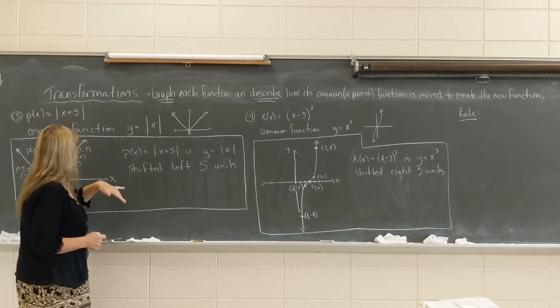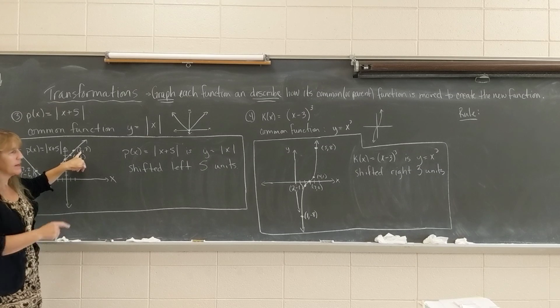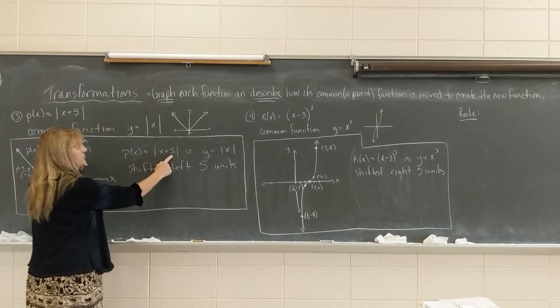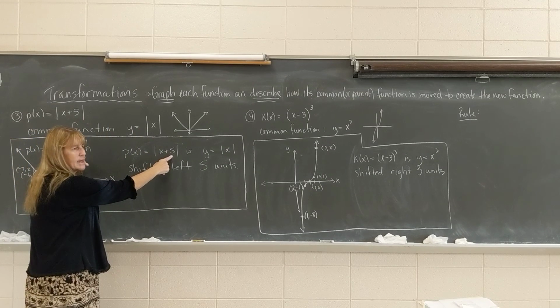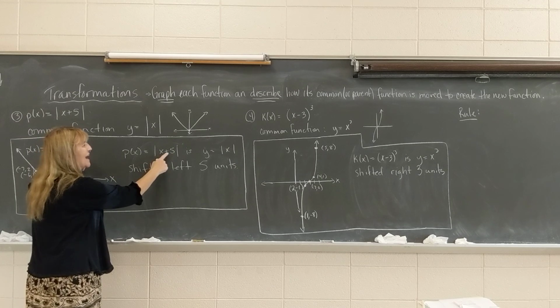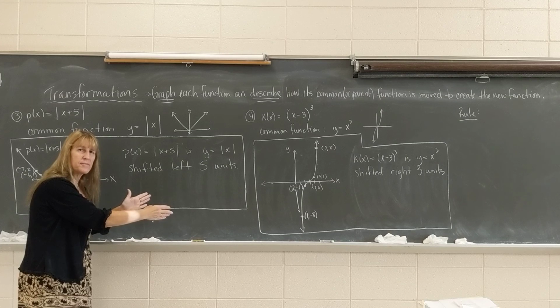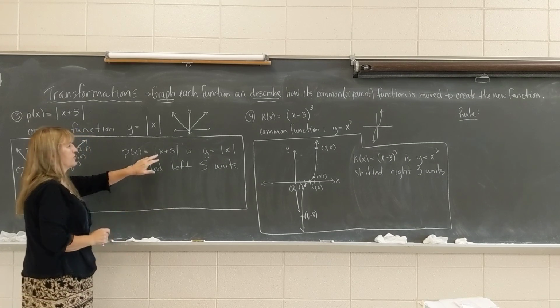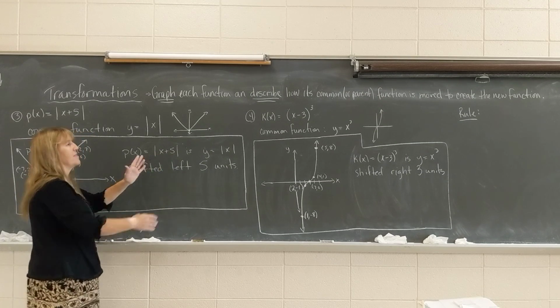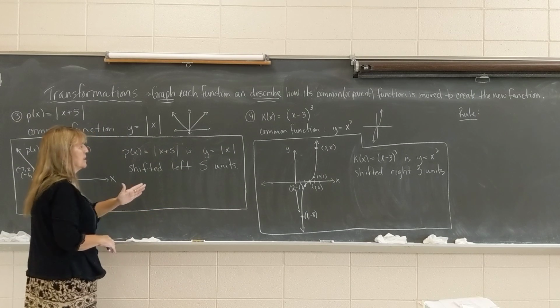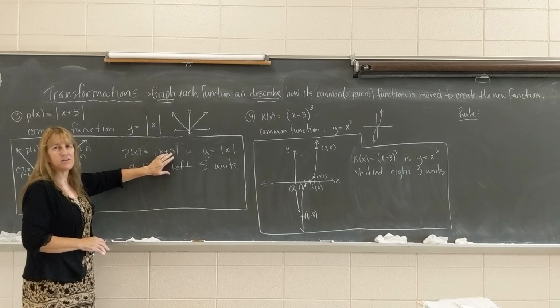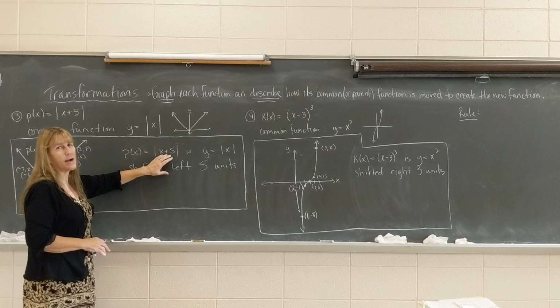So for instance, when I took my 2 and I put my 2 into this function of the absolute value of x plus 5, didn't I add the 5 before I executed the common function, which is the absolute value idea? So if I add the 5 first, and then I execute the common function, that means the 5 is making a change to the x, not the y.